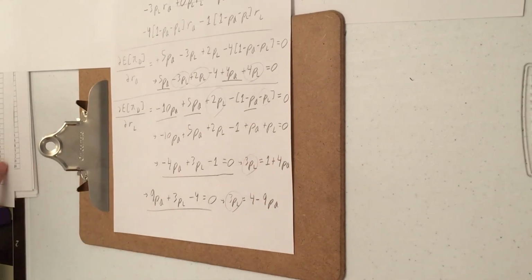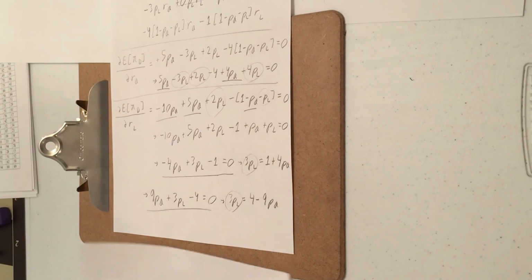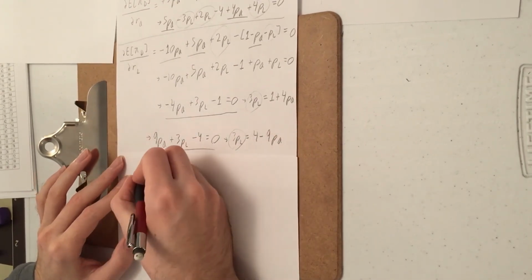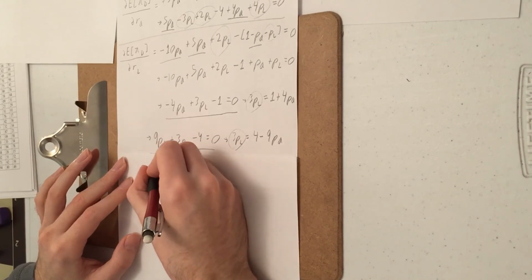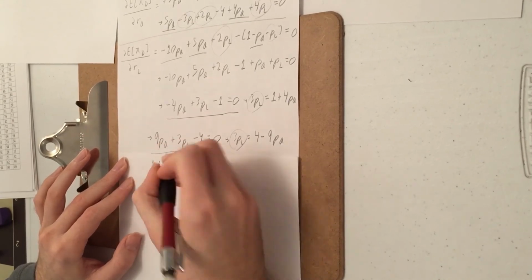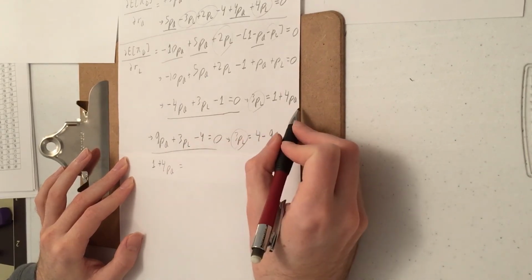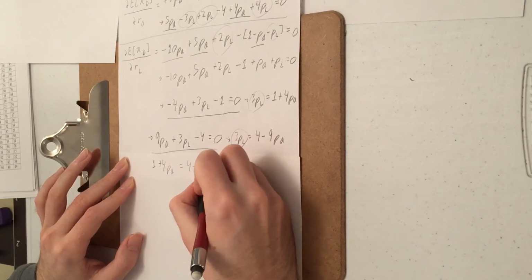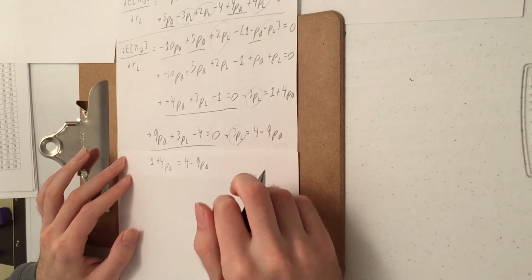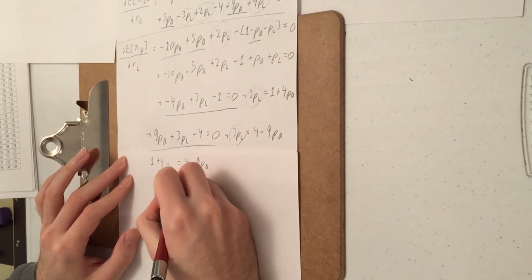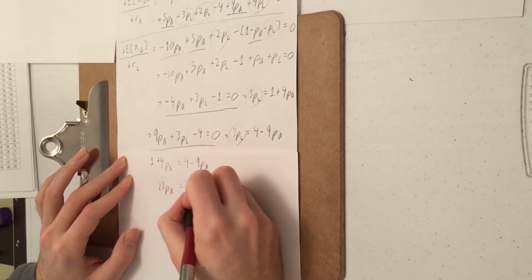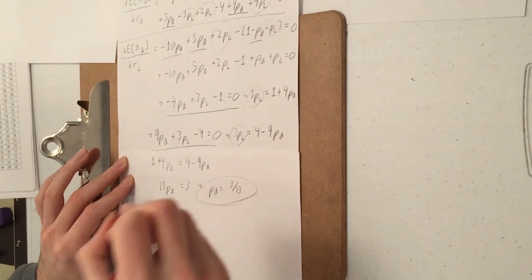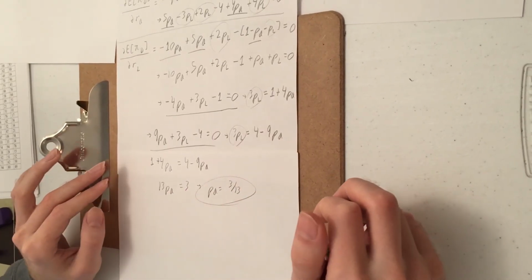So if you sub those out, here's what happens. 1 plus 4 PA is 4 minus 9 PA. So I'm going to get 13 PA equals 3. So PA is 3 over 13.